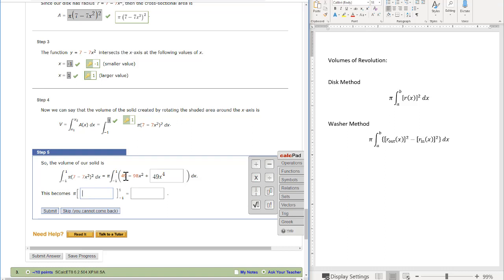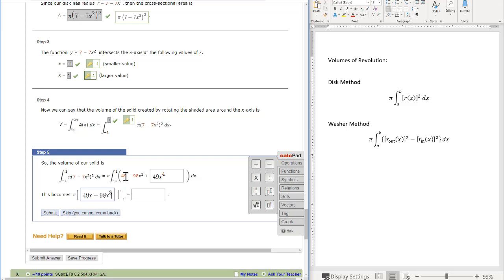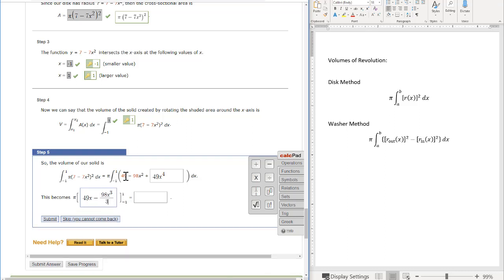We're going to get 49x, and then we have a minus, and then we're going to get 98x cubed over 3. And then we have 49x to the fifth over 5 because we're taking the integral.